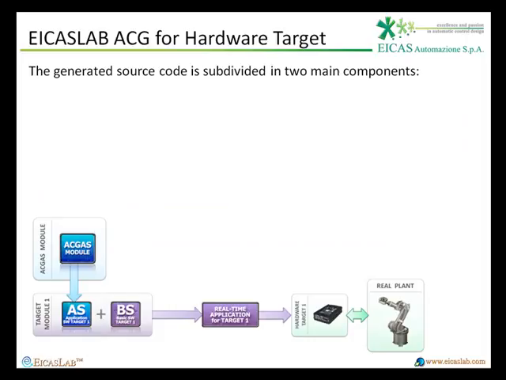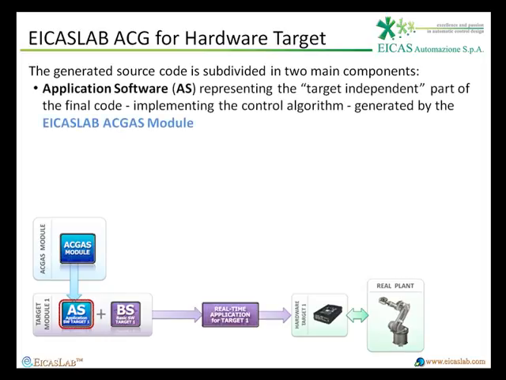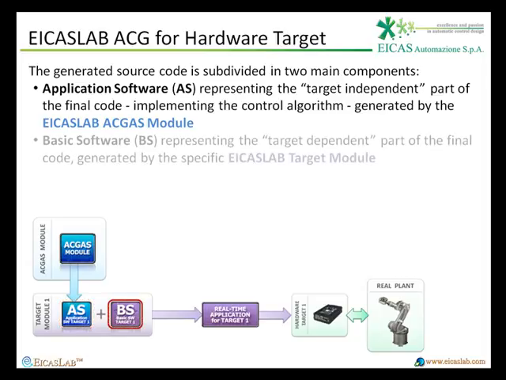The code generated by the ACG for hardware target is subdivided in two main components: the application software, representing the target independent part of the final code, implementing the control algorithm, which is generated by the EICASLAB ACG module, and the basic software, representing the target-dependent part of the final code, which is generated by the specific EICASLAB target module.